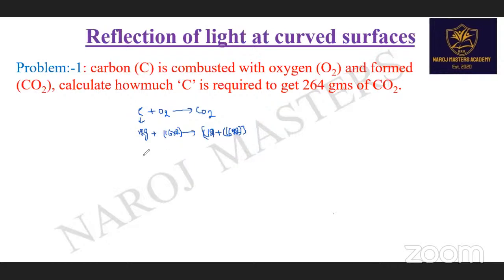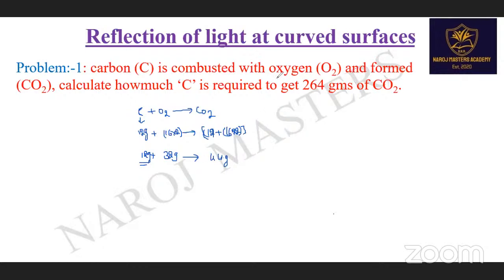So 12 grams plus 32 grams gives rise to 44 grams of carbon dioxide. From this we can say that 12 grams of carbon is converted into 44 grams of carbon dioxide.